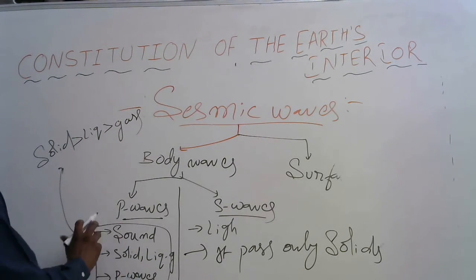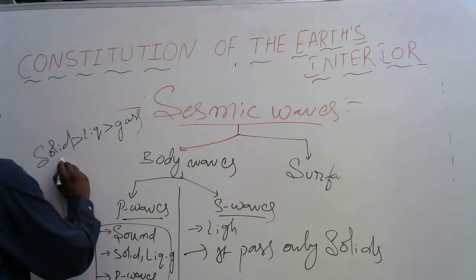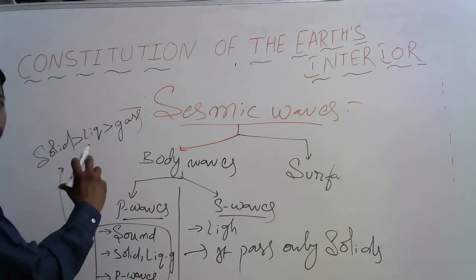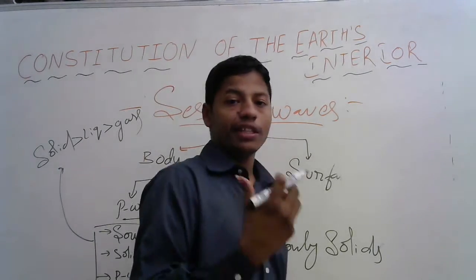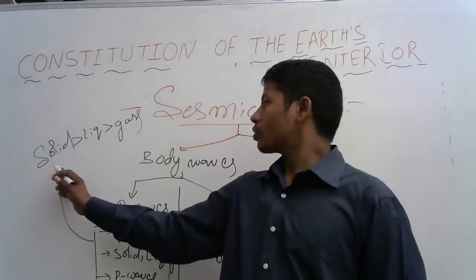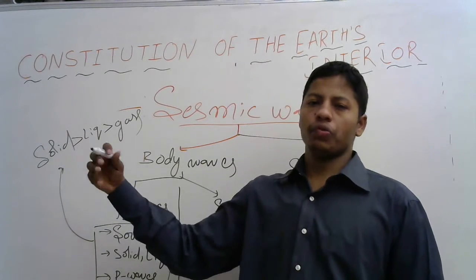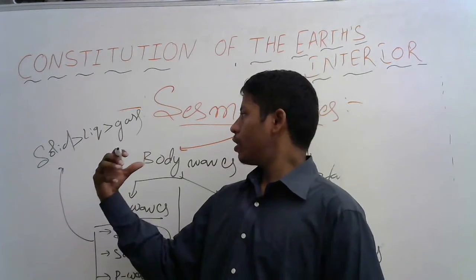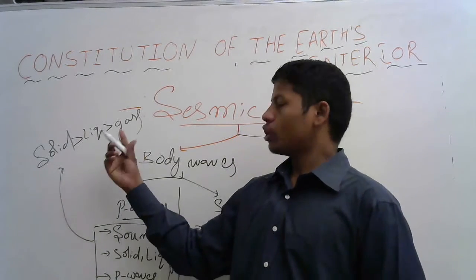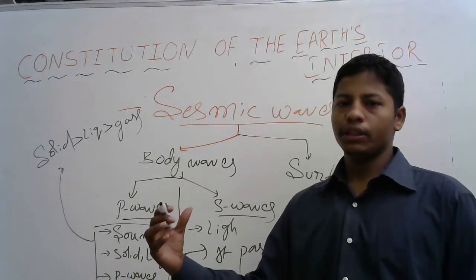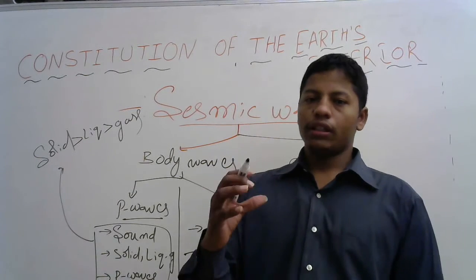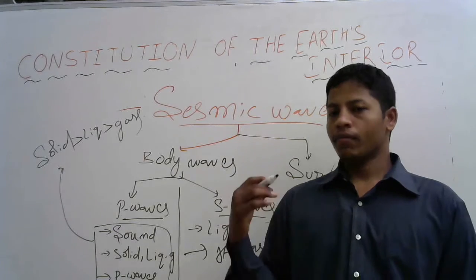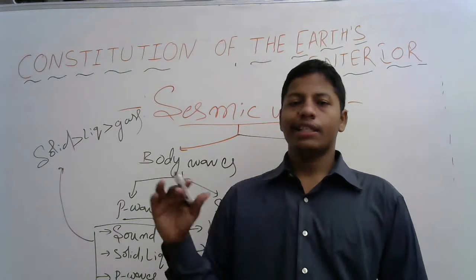P waves travel through solid, liquid and gases, but the velocity changes with the medium. Why solid and liquid? Because our earth's outer core is liquid, and the upper mantle is semi-solid.